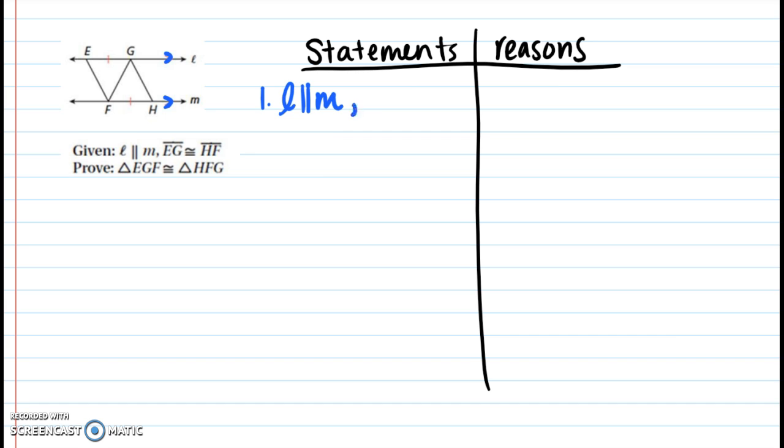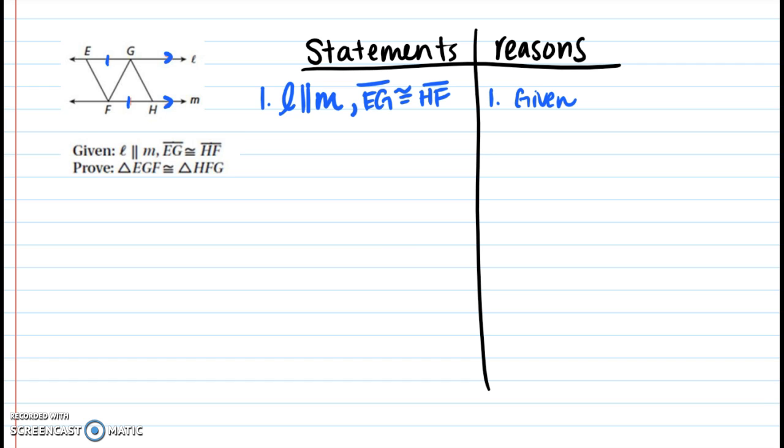I'm just going to combine that with my other given, and that is that the line EG is congruent with the line HF. And again, my reason for that is that it is given. I always have to write my givens down when I'm writing my proofs. These lines were already marked as being congruent, but I do like to go back and just remind myself that they are congruent as well.